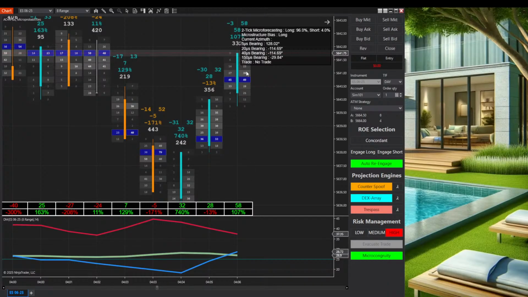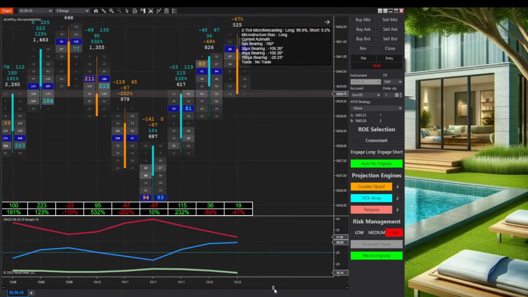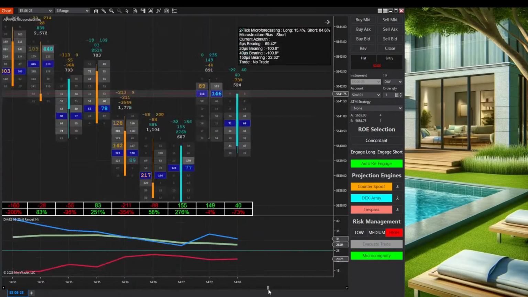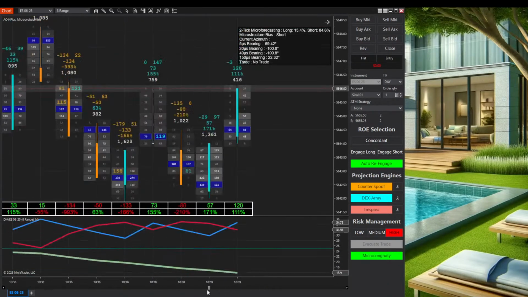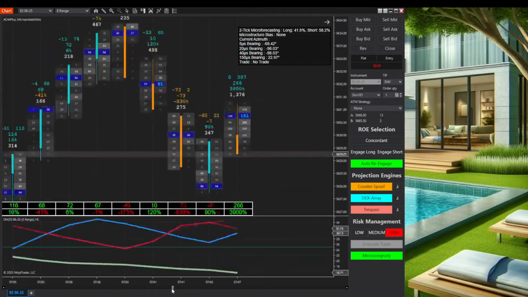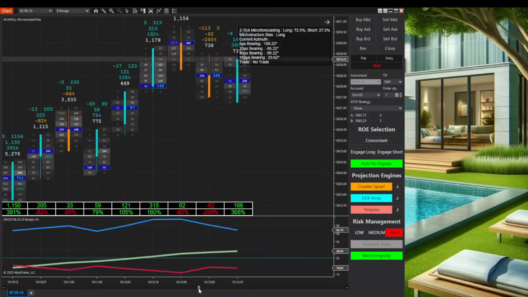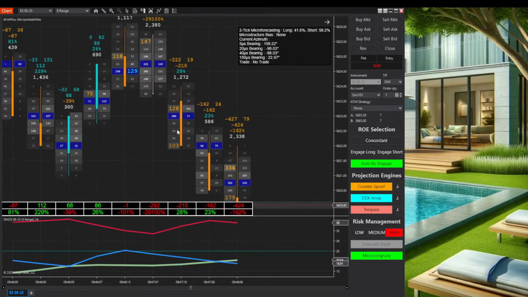Price wants to regress. It's looking for the next wave of buyers coming in. Where was it? Like over here, it's bearish, low momentum.